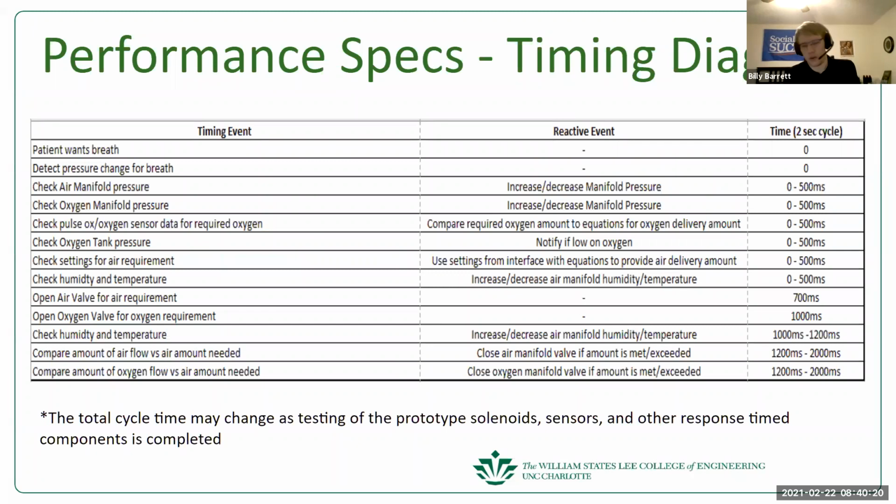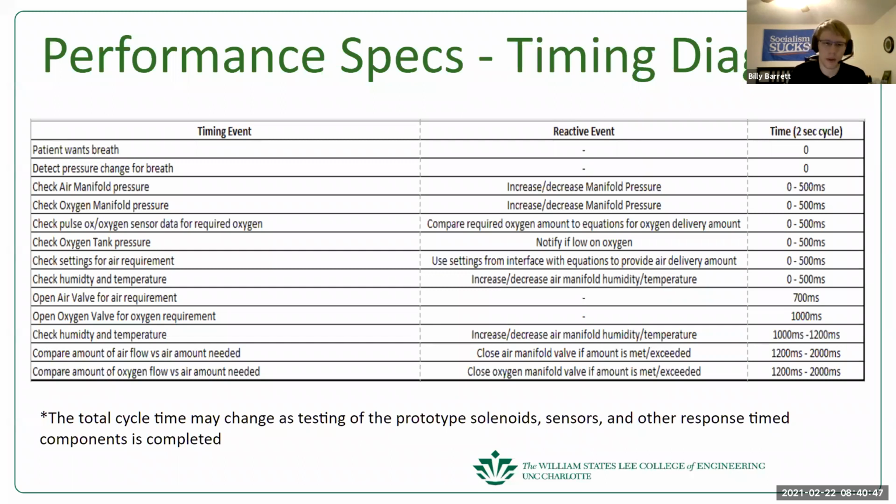So then we built the timing diagram. With this, we used a 2-second cycle as an example for one breath from beginning to end, showing what the system's doing. This is the first rendition of it, so this can change also, and it may change from 2 seconds to 1.8 or more specific, but at this point it's at 2.